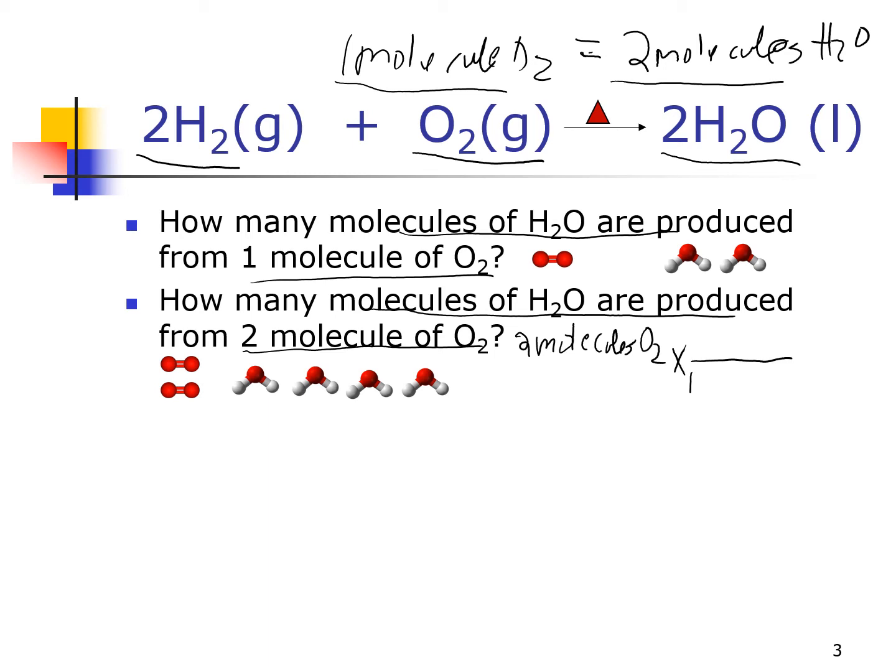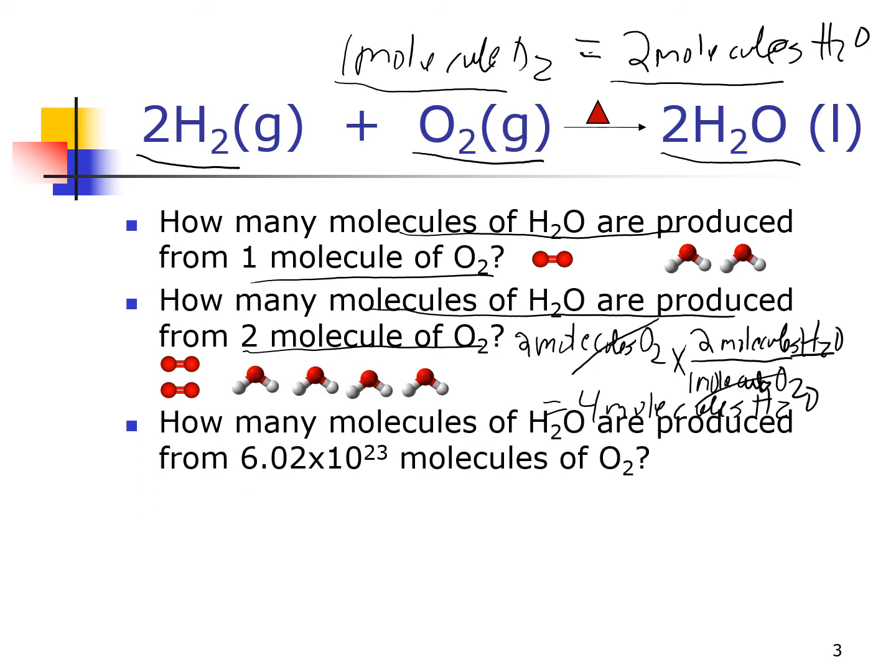So 1 molecule of oxygen would go at the bottom of our fraction, and 2 molecules of water would go at the top. And again, we set it up in this format so molecules of oxygen are canceled, and then we end up with 4 molecules of water.